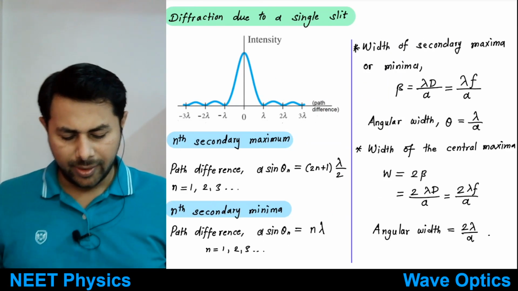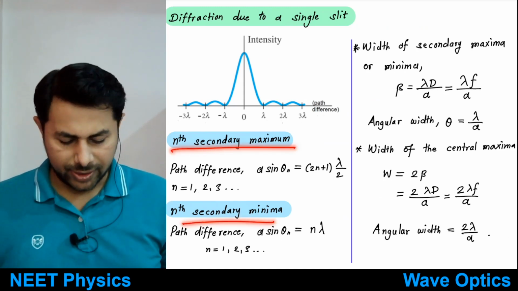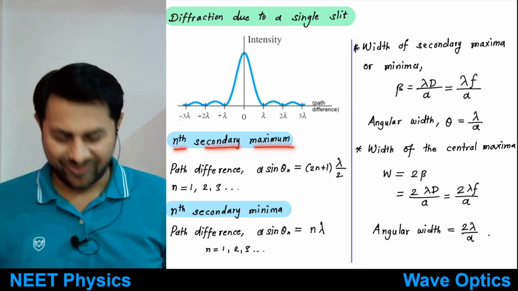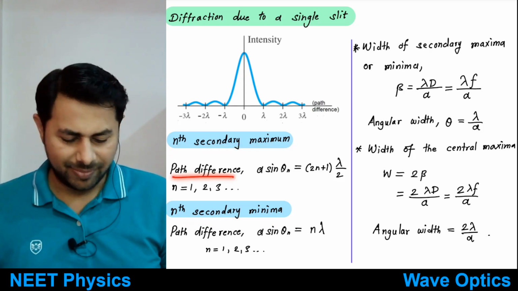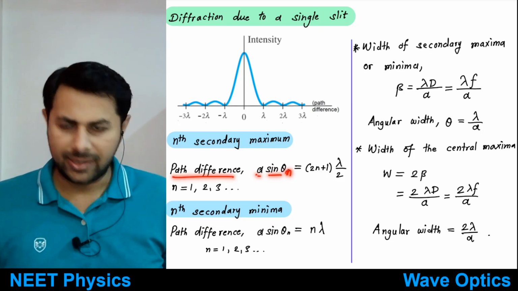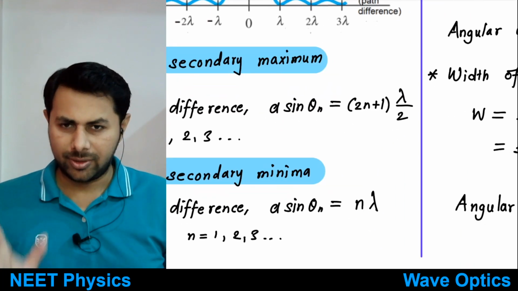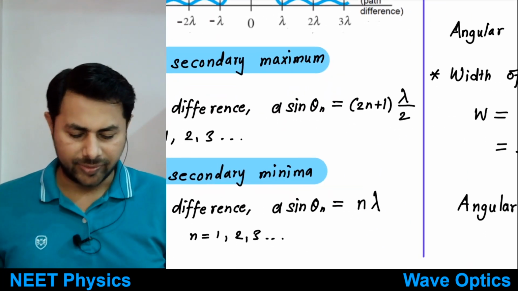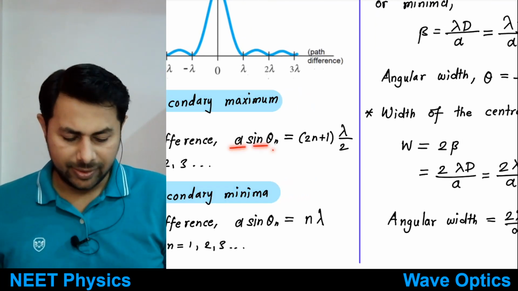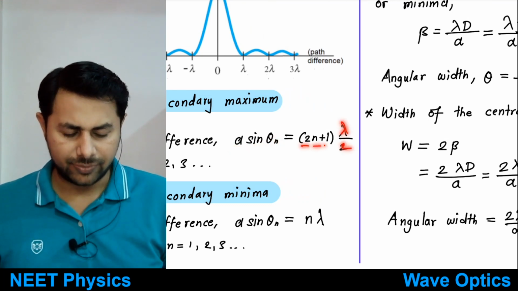Right? So now we need to remember these conditions that we have just seen for nth secondary maximum. What is the path difference? Path difference is, suppose, a sine theta suffix n, for nth secondary maximum, not the central maximum, other maxima. So it is equal to a sine theta suffix n, and that is equal to 2n plus 1 lambda by 2.